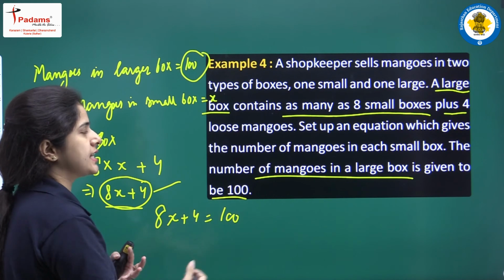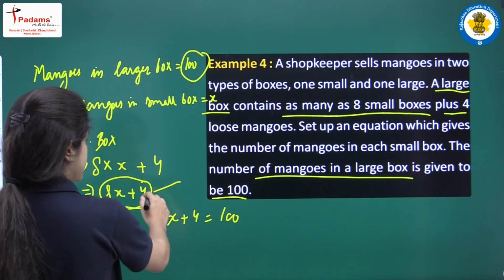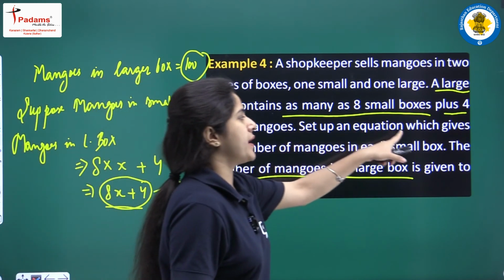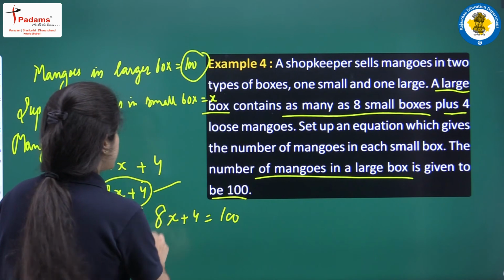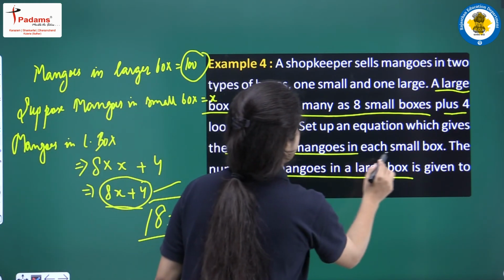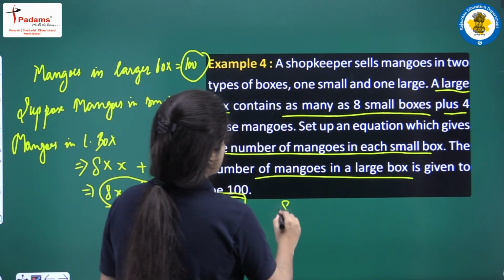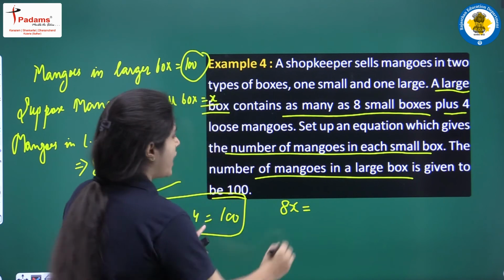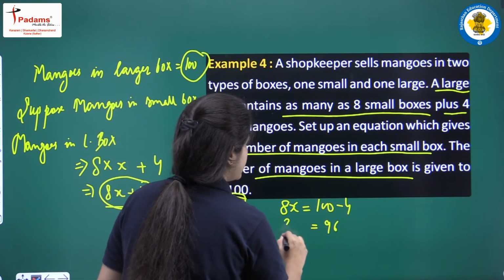A large box contains as many as 8 small boxes plus 4 loose mangoes, that is this one. Set up an equation which gives the number of mangoes in each small box. Now this is the equation that will help us to find out the number of mangoes in each small box, that is x. Alright students, so 8x is equal to 100 minus 4, okay students, 96 is equal to 8x.